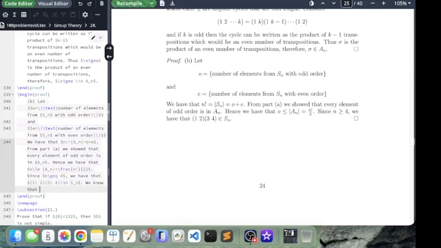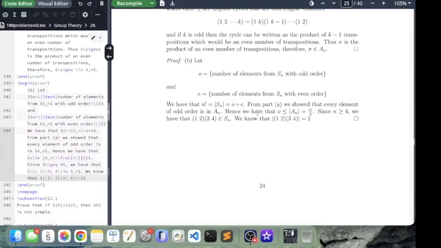And we know that the order of the double transposition (1 2)(3 4) is equal to 2. Double transposition has order 2. So we have an element that is an even number of transpositions, so it's in An, and it has even order.